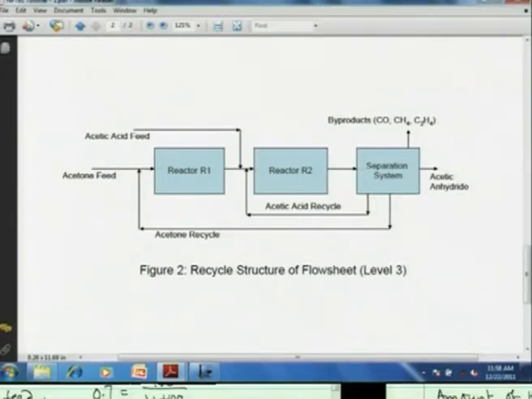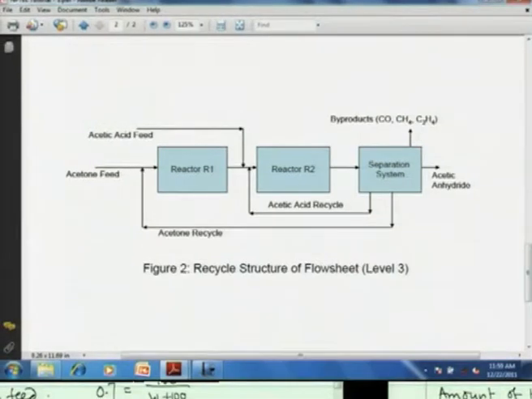The separation system would try to separate out the main product acetic anhydride and also the byproducts carbon monoxide, methane and ethylene, which could be further used as fuel in the same process at some other equipment, and then the two recycle streams will be generated from the separation system.